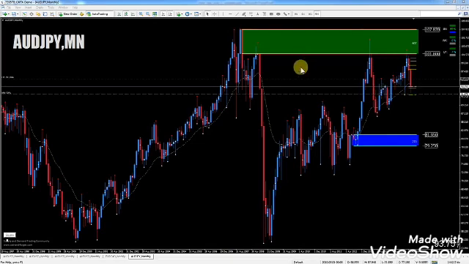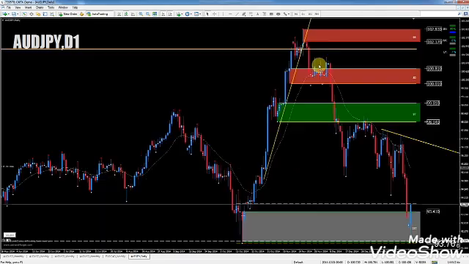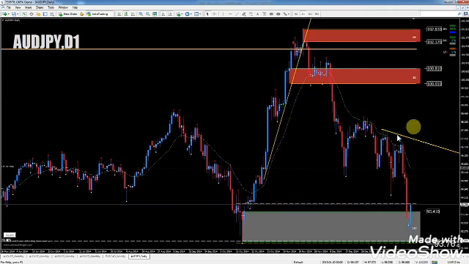But we are talking about how to locate zones and when a zone is tradable and not tradable. So this area over here, they were tradable because all these areas, we didn't have the weekly area of demand in control. Now the weekly area of demand is in control.